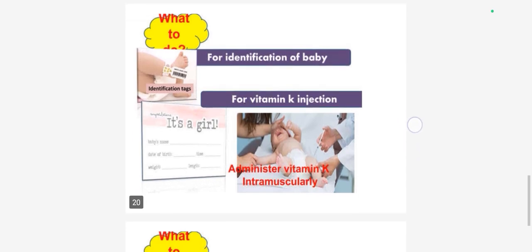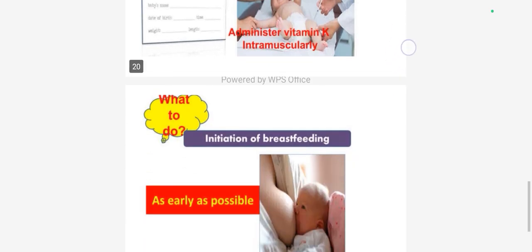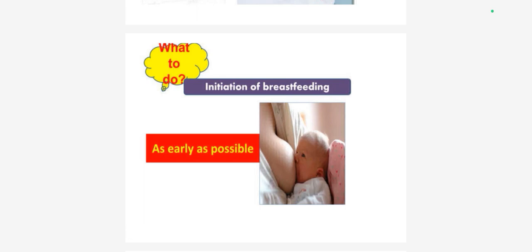For identification of the baby, if it is a girl, tag accordingly. For the vitamin K injection, administer vitamin K intramuscularly. For initiation of breastfeeding, as early as possible; even if the mother has had a cesarean section, initiation of breastfeeding can be done.